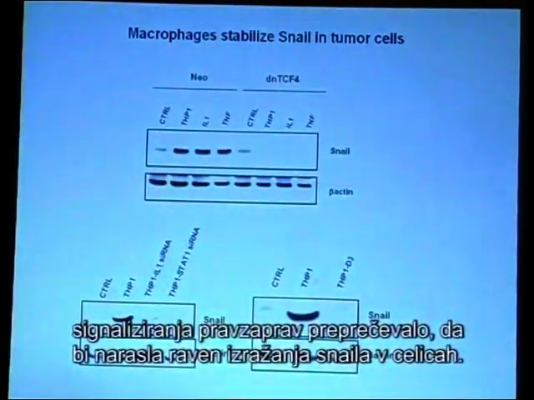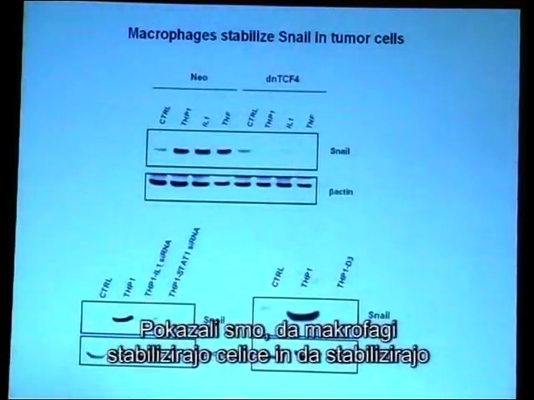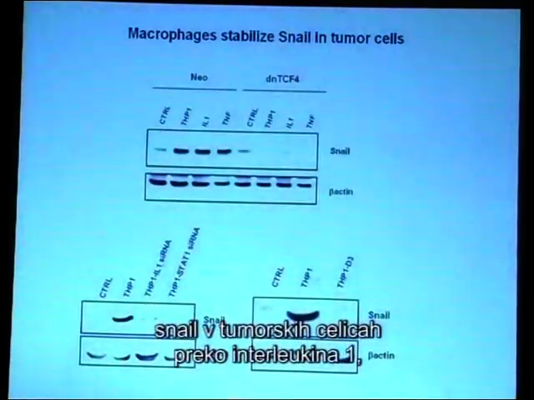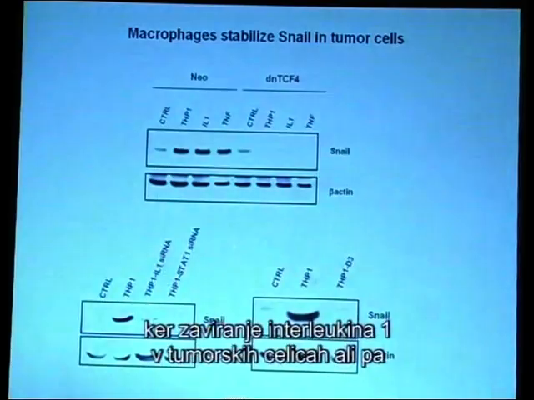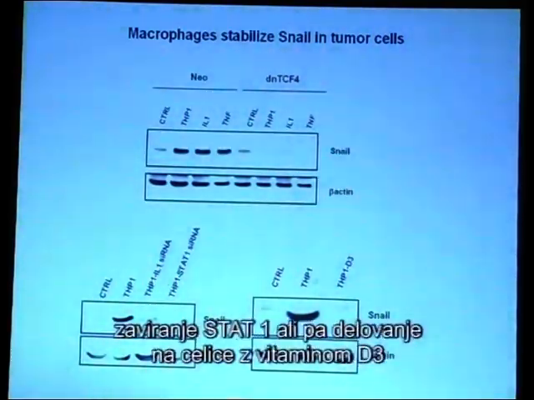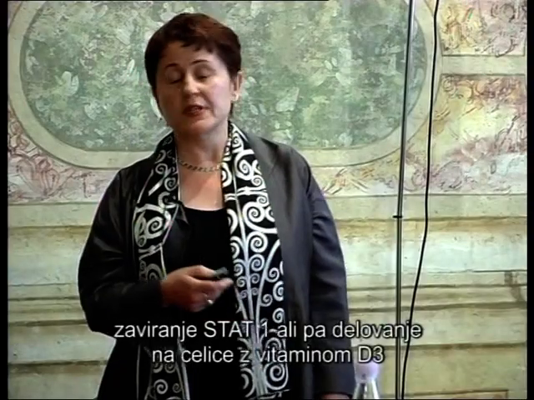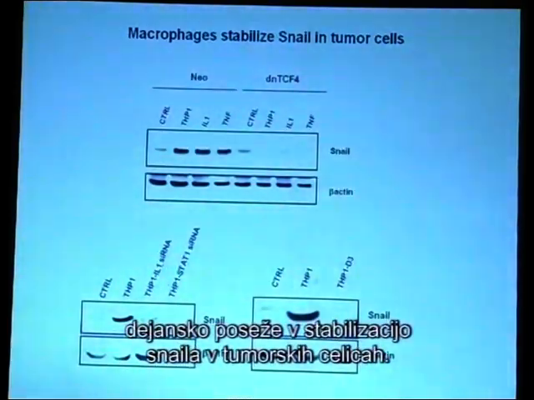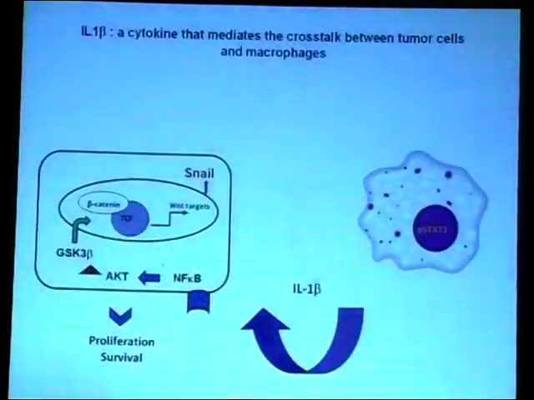And we showed that macrophages stabilize SNAIL in tumor cells through interleukin-1, because inhibition of interleukin-1, inhibition of STAT1, or treatment with vitamin D3 interferes with SNAIL stabilization in tumor cells.